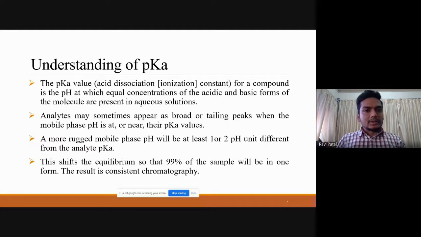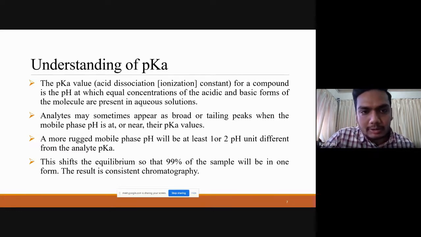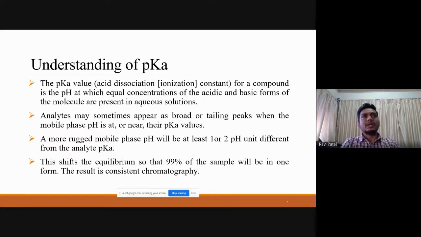The next thing is understanding of pKa. What is the importance of pKa during method development, or the selection of pH of the mobile phase? First of all, what is pKa? If we select a pH of the mobile phase equal to the pKa, at that pH 50% of our drug is in ionized state and 50% is in non-ionized state.